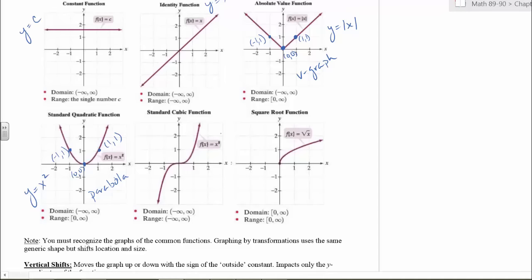With the cubic, so the highest exponent is 3, you're going to follow the points 0, 0, 1, 1, negative 1, negative 1. So not the same 3 points. And this you'll sometimes hear referred to as an S-curve. And so again, it's just a smooth and continuous graph.